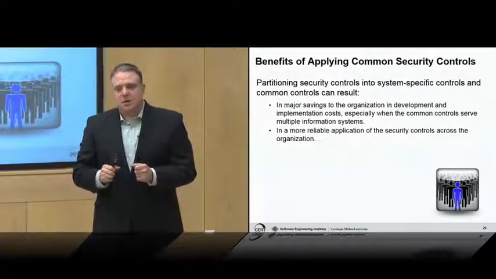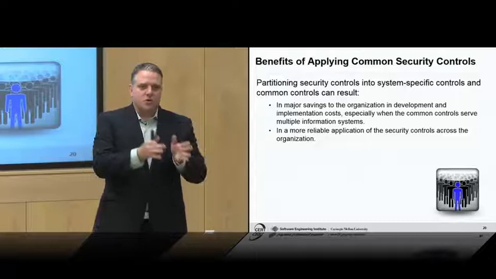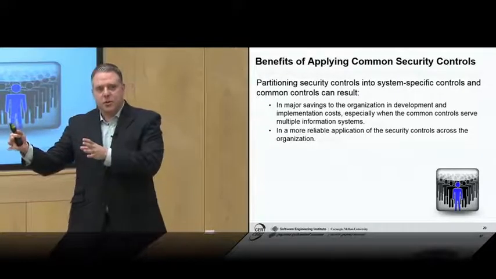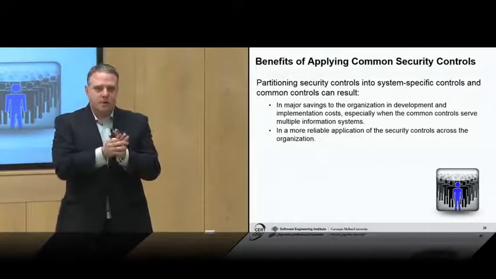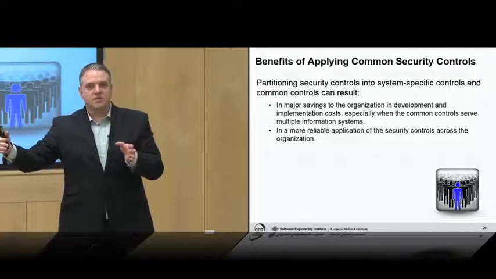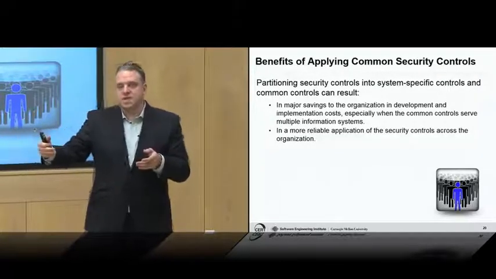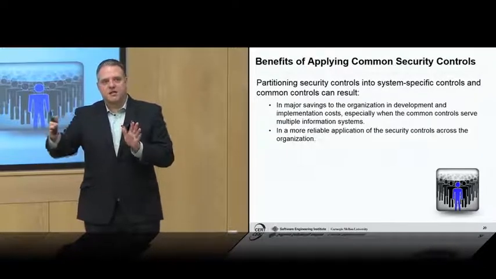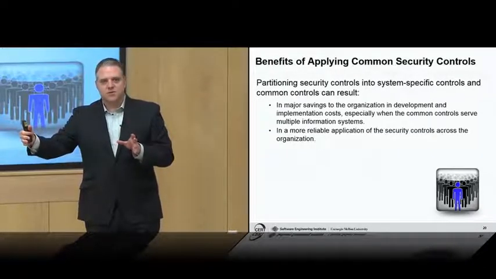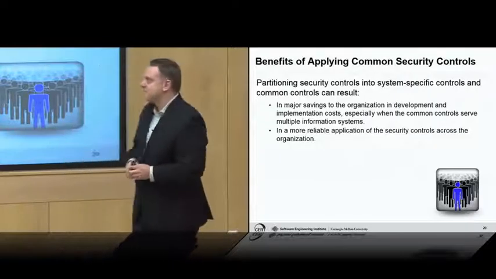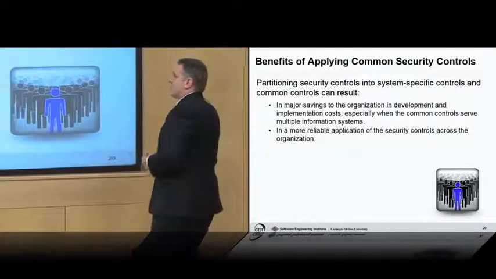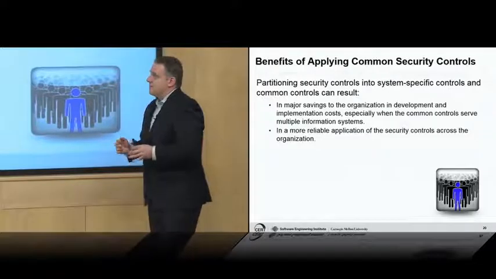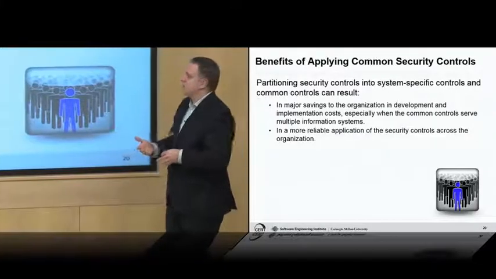Why implement controls on each of them when you can apply a common security control that protects multiple information systems? From an optimization standpoint, all you have to do is implement the one control and you're protecting multiple systems. So you see major cost savings as far as implementation goes.